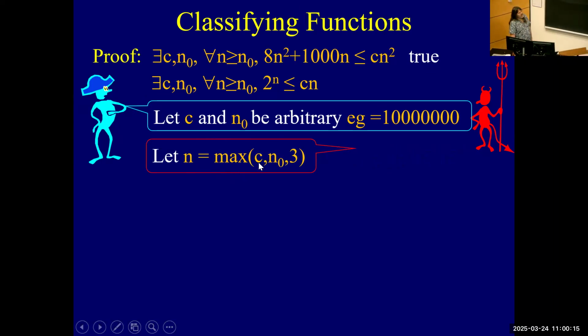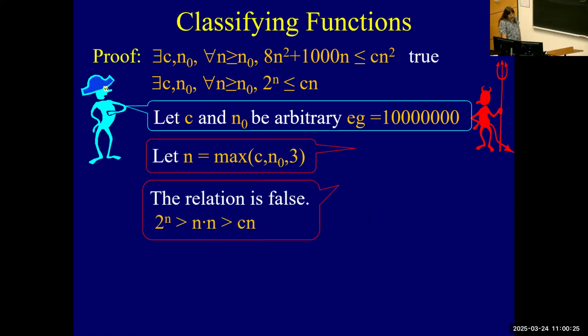It's going to be bigger than my C, bigger than my n naught, and just to make sure, bigger than 3. And we plug it in, and it's true. Why did I make it bigger than 3? So that 2 to the n was bigger than n squared. That's why it's bigger than 3. His n is bigger than my C here. Everybody good with that?